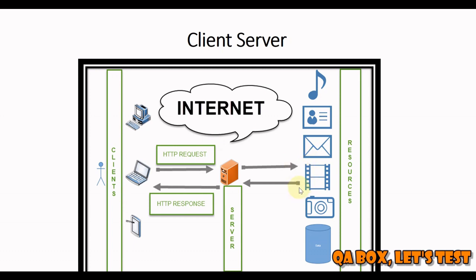If the server finds that resource, it sends back the response and the resource. Okay. If the resource is not available, the server says resource not found, right? Or a 404 status code, if you might have seen that earlier. Okay. So that's about client server architecture.